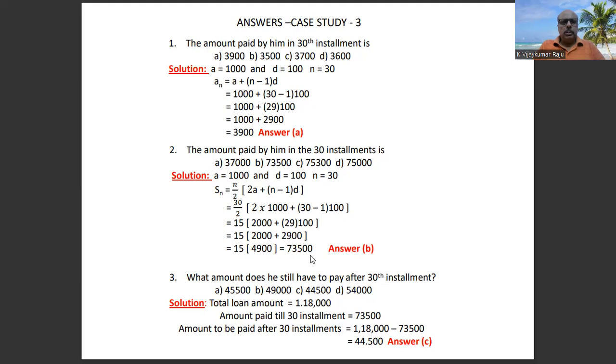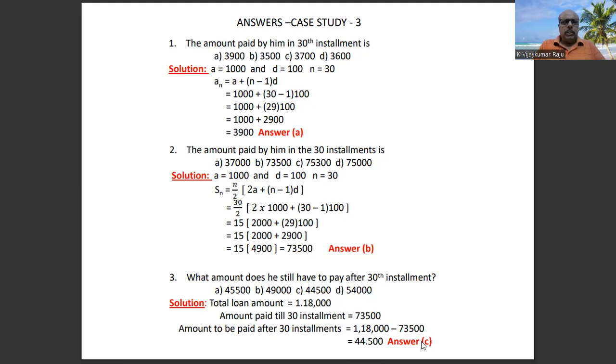The previous question's answer, that is 73,500. So how much amount is left after 30 installments? That means 1,18,000 minus 73,500. That means he still has to pay 44,500. Which is this option? C option. So your answer is C.